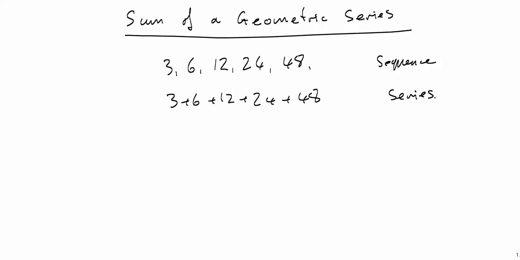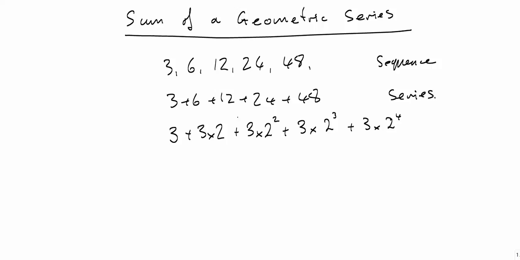Now this series can be written like this. 3 is the first term, the next term is 3 times 2, the next term is 3 times 2 times 2, which is 12, or 3 times 2 squared. The next one is 3 times 2 cubed, 3 times 8, and then 48 is 3 times 16, or 2 to the power of 4.